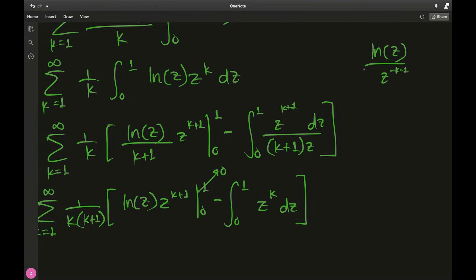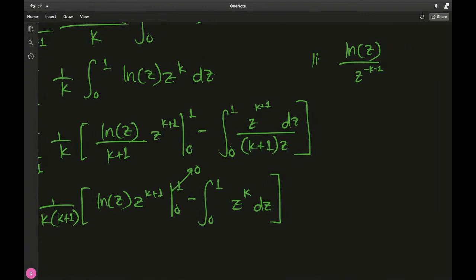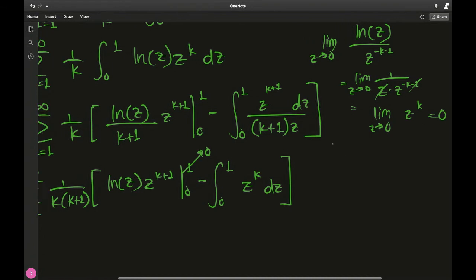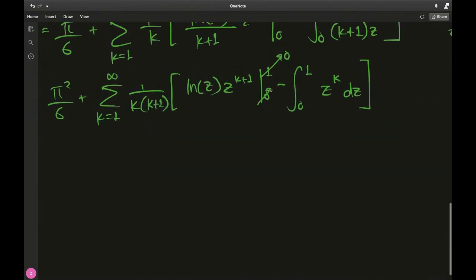And then when you apply L'Hopital's rule, in the limit that z goes to 0, you're going to have a 1 over z times z to the negative k negative 1. So one of these cancels out. You basically have the limit as z goes to 0 of z to the k, which is officially 0. So that's why we have 0 even for the lower bound, making this entire thing go to 0.